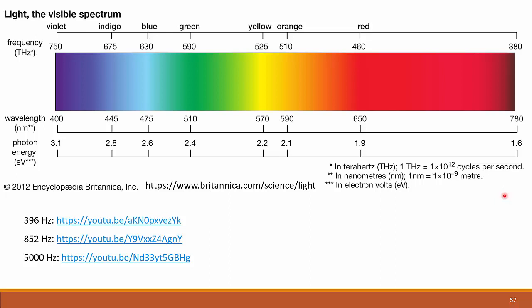Let's finish this with a 5000 hertz sound. This is a high-pitched sound, 5000 hertz. I'm going to decrease the amplitude. There, I decrease the amplitude, increase it. That's increased amplitude. That's decreased amplitude. I hope that this helps.